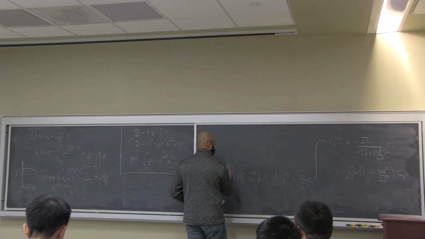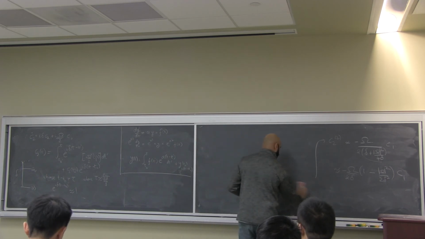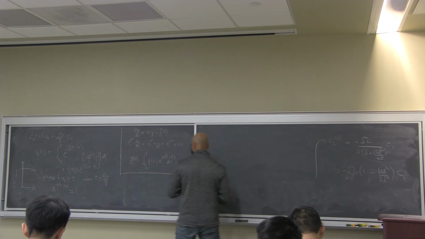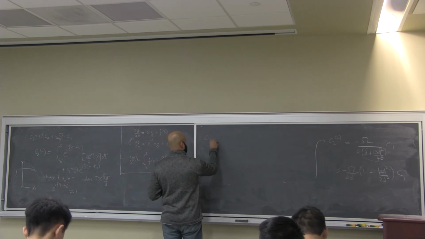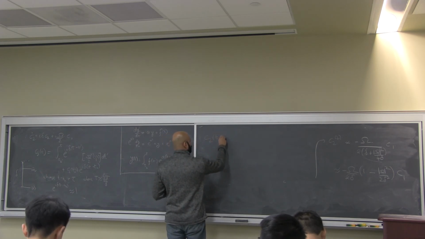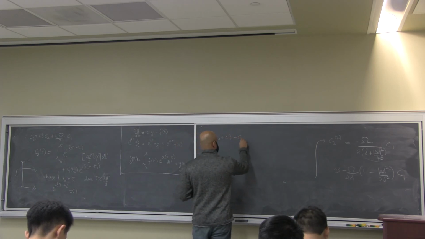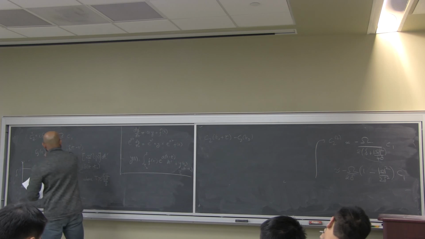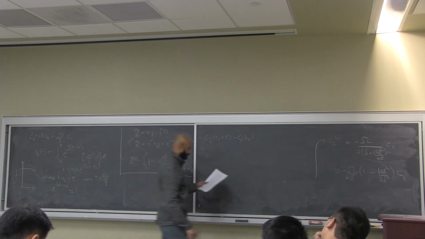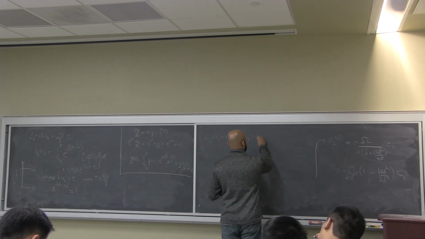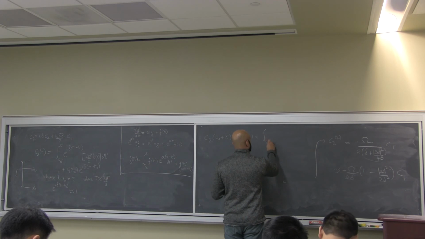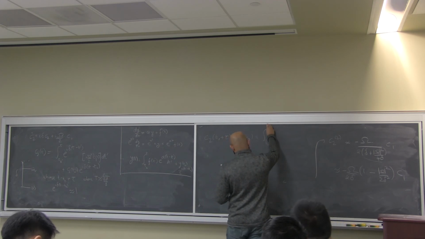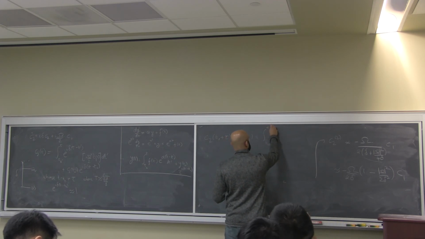Once I do that, I'm left with C2(t_0 plus tau) minus C2(t_0), because I can take this C2(t_0) over to that side, which is approximately equal to the integral from t_0 to t_0 plus tau.